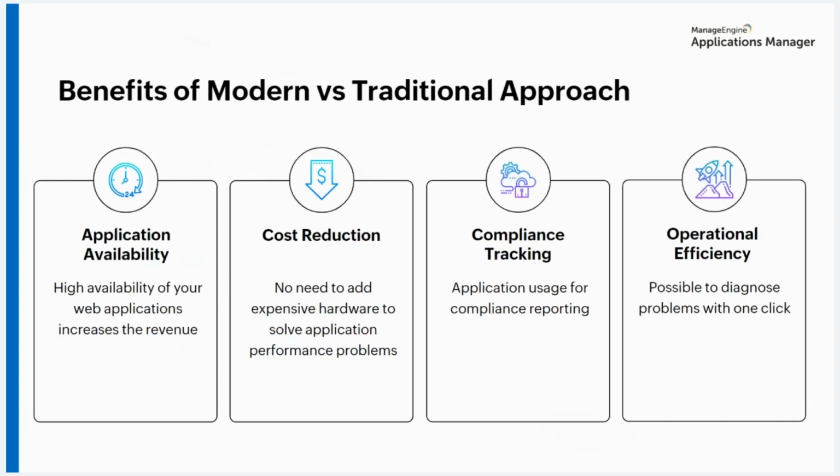These are some of the benefits of the modern versus the traditional approach in building an application. The first one is application availability. We are aware that there is a dependency on applications in our day-to-day life.